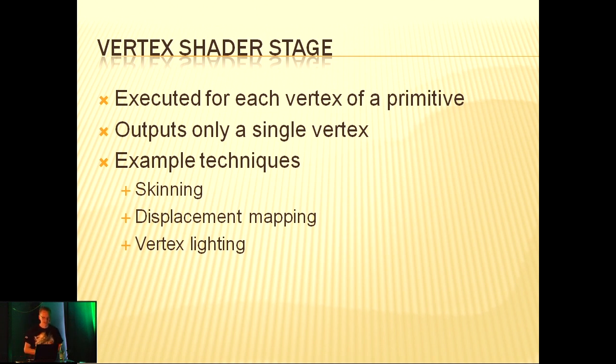The vertex shader stage comes next, and it's executed at least once for each vertex, and it outputs a single vertex. Example techniques that could be used here: skinning, very primitive displacement mapping. We're going to look at the tessellator stage later on, and that's actually a better place to do displacement mapping.